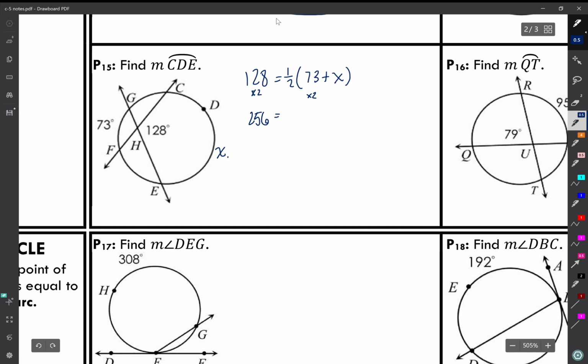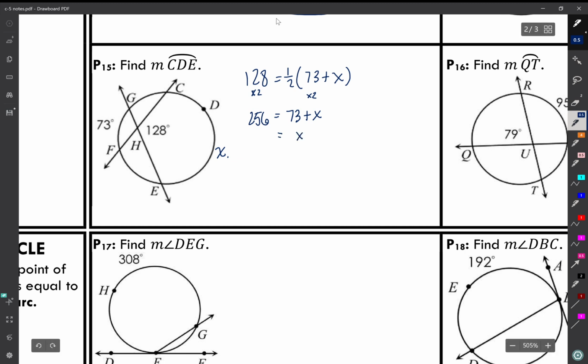The whole reason for multiplying by 2 was to get rid of this 1/2, because 2 over 2 is just equal to 1. So all we'd be left with on the right side would be 73 plus X, which is our intention here. Now, to solve for X, I'm just going to subtract 73 from both sides.